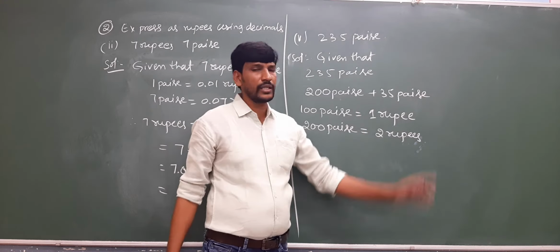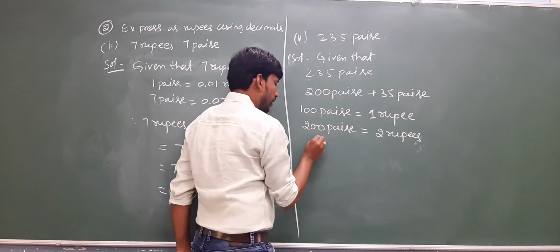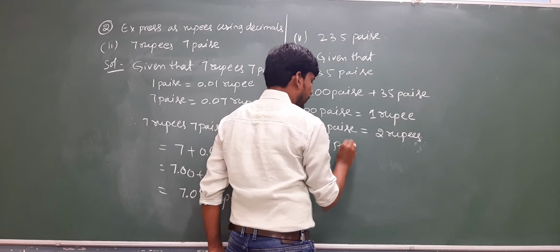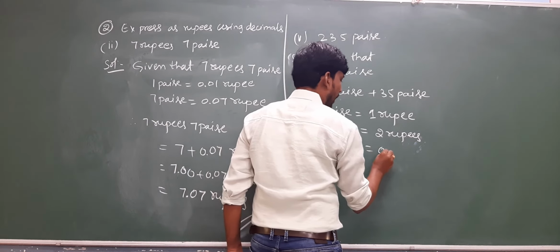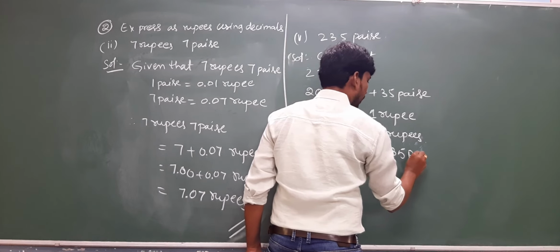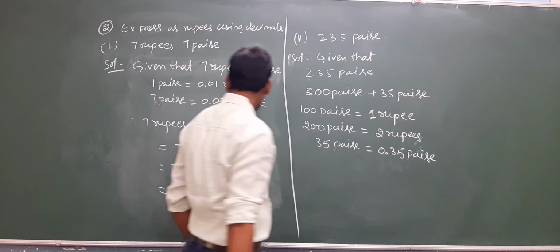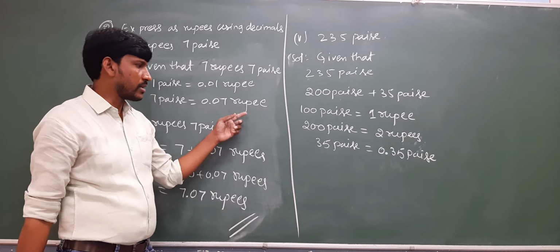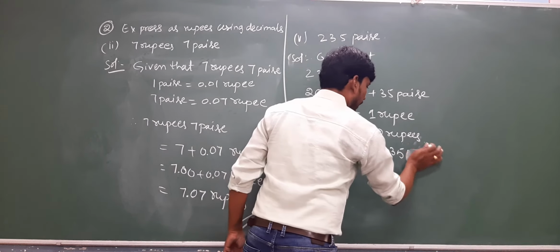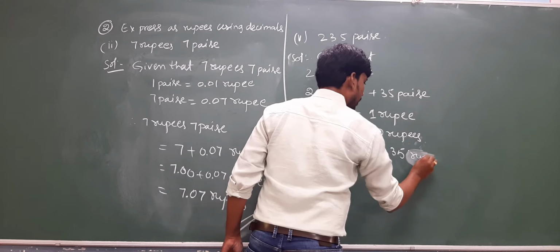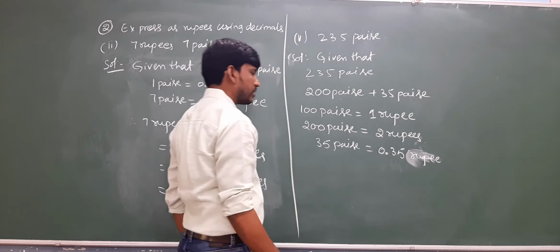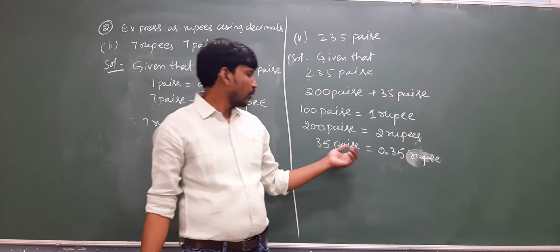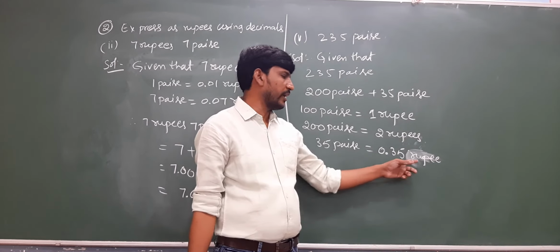Now this 35 paise is nothing but 0.35 rupee. See this here, 7 paise is equal to 0.07 rupee. Here also the same thing. Sorry, it is rupee. 35 paise is equal to 0.35 rupee.